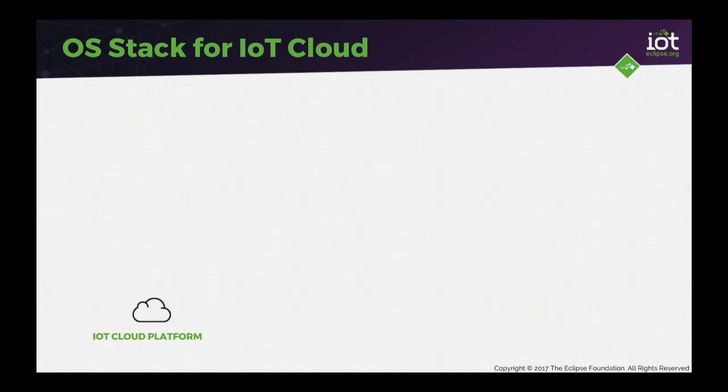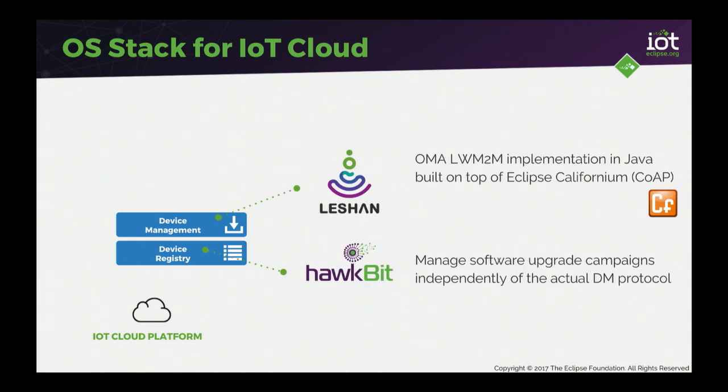Moving on to the cloud. We have many building blocks that can be used for helping you build the server-side components of an IoT solution. Two very interesting ones would be around device management. I mentioned lightweight M2M, so that's the protocol that's being used for doing firmware upgrades and monitoring the battery, the memory, etc. of your devices.